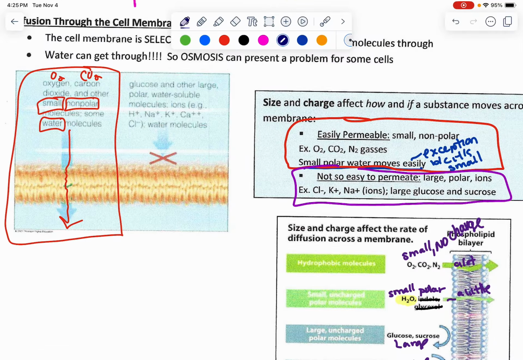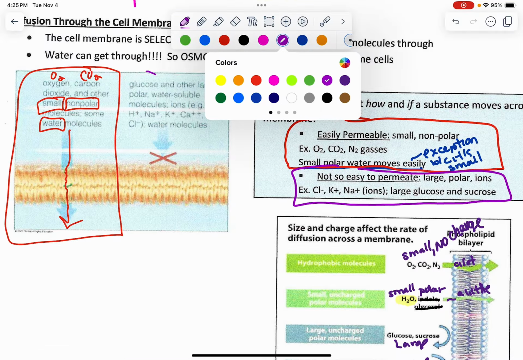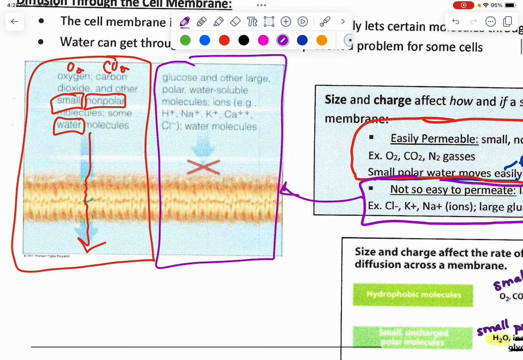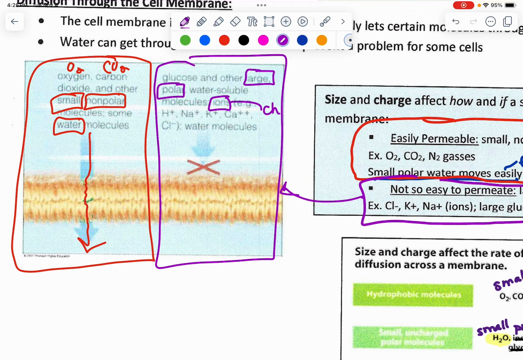So anything that's large, polar or charged. Ions have what we call a strong charge.